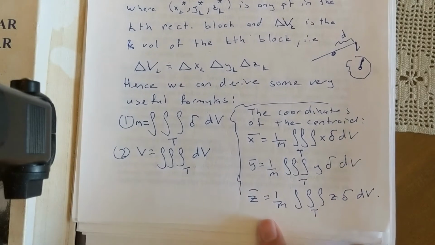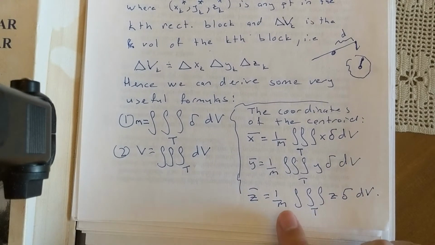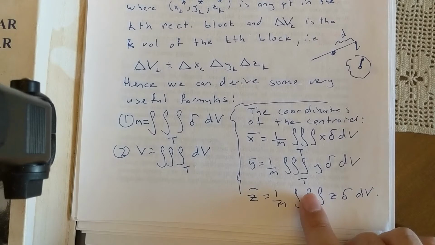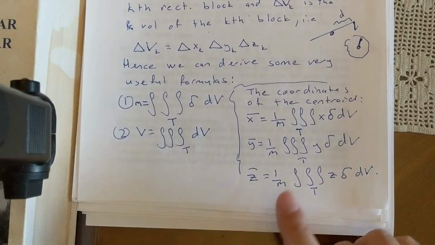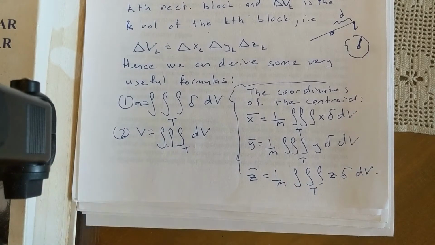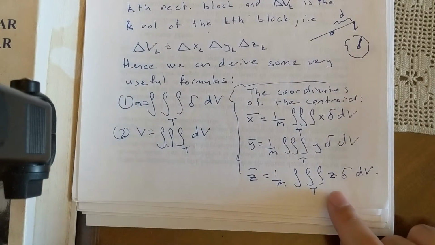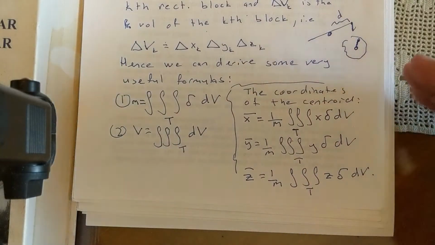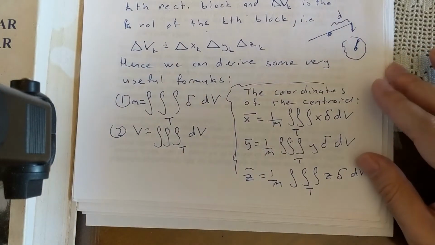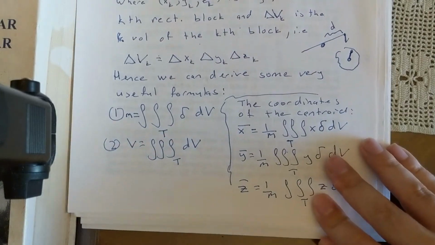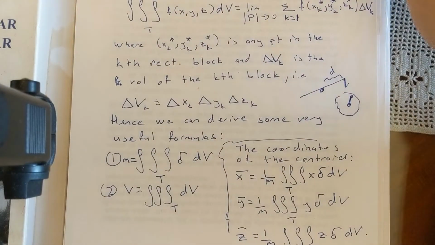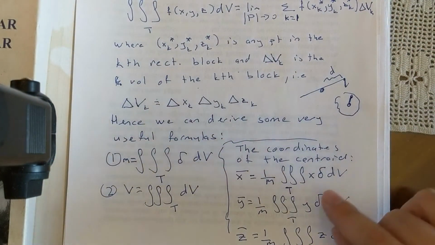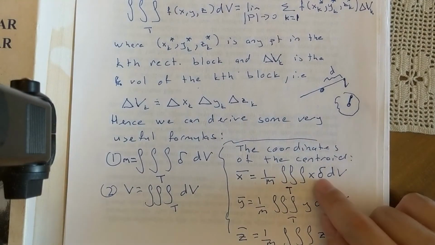Similarly, you get the y coordinate of the centroid by taking the triple integral of y times the density dV, again dividing by m, and similarly you get the z coordinate of the centroid by taking the triple integral of z times delta dV, multiplying by 1 over m, or dividing by m. So where does this x times delta business, or y times delta, z times delta, come from?